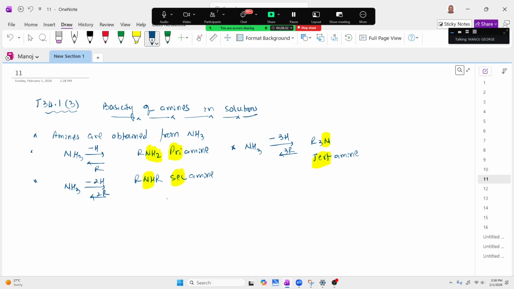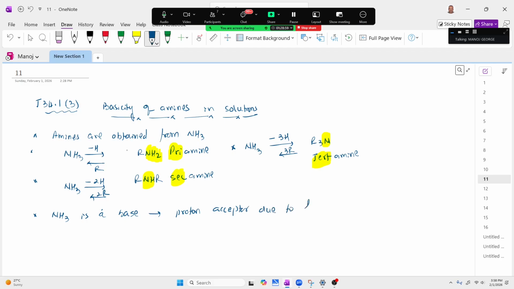Now why did I say all this? We know that ammonia is a base, correct? Why is ammonia a base? I'm sure you have studied this from the IGCSE days. Ammonia is considered a base because it's a proton acceptor. And why is it able to accept the proton?